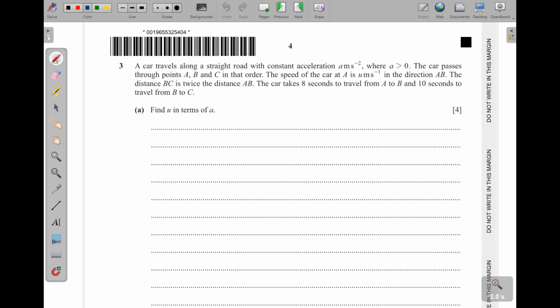Now, let me do something here. Let us do a simple sketch here. So let's say I have point A here, and then I have point B here. Then I have point C here. Then they have said that the distance BC is twice that of AB.